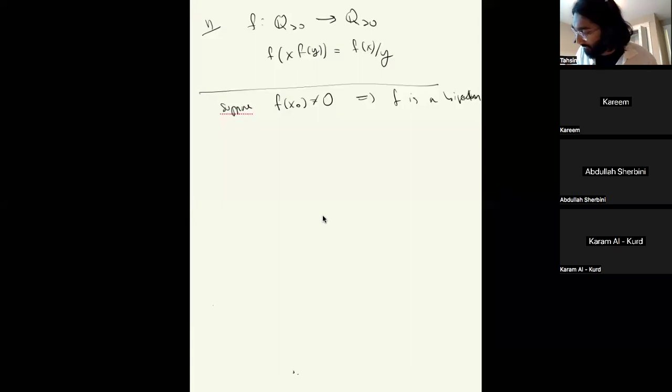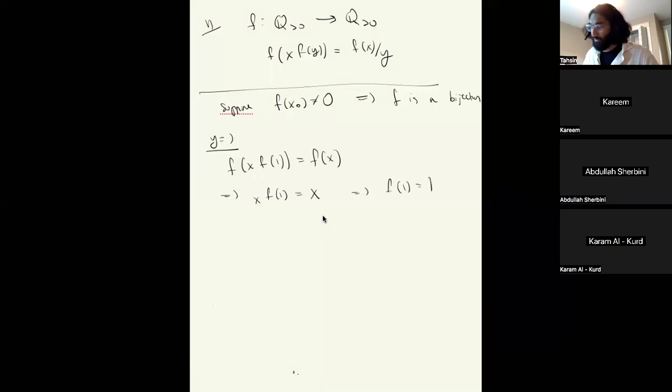Then Abdullah, what was your suggestion? Plug in y equals 1, and since it's a bijection, x f of 1 must be equal to x. So that tells us f of 1 equals 1.